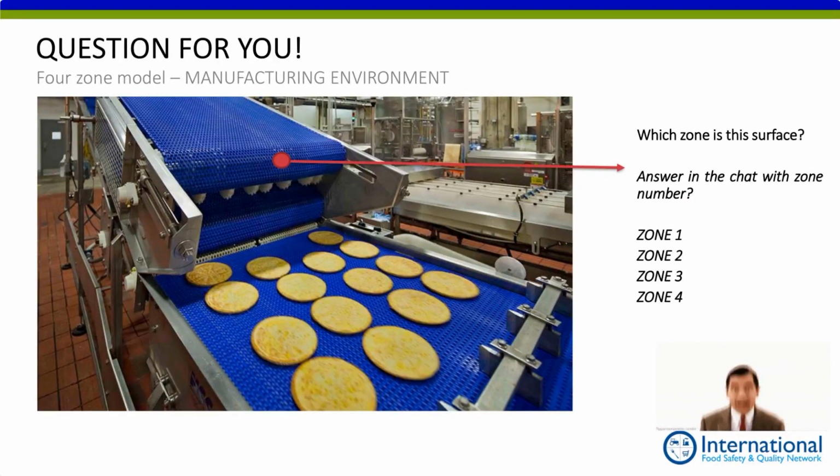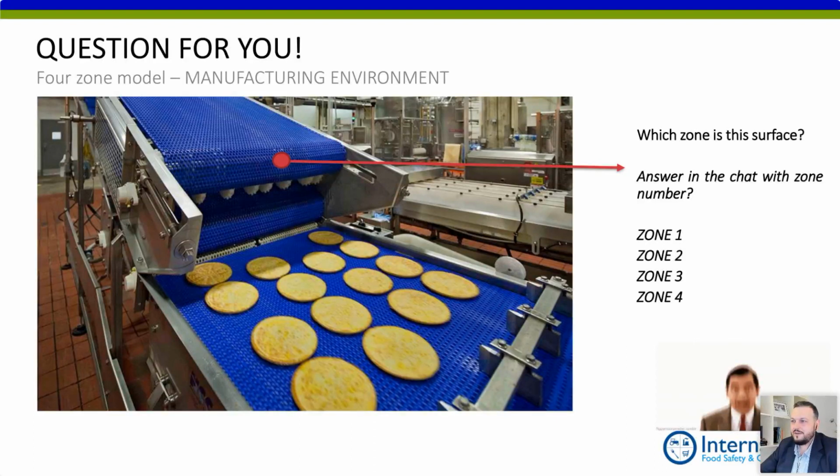Okay, so let's talk a little bit, and let's have some questions together with you. Which zone is this surface? You see this red arrow pointing out this zone in contact with product. When we look at the manufacturing environment, can you please answer in the chat, which zone is this blue lane in direct contact with product?